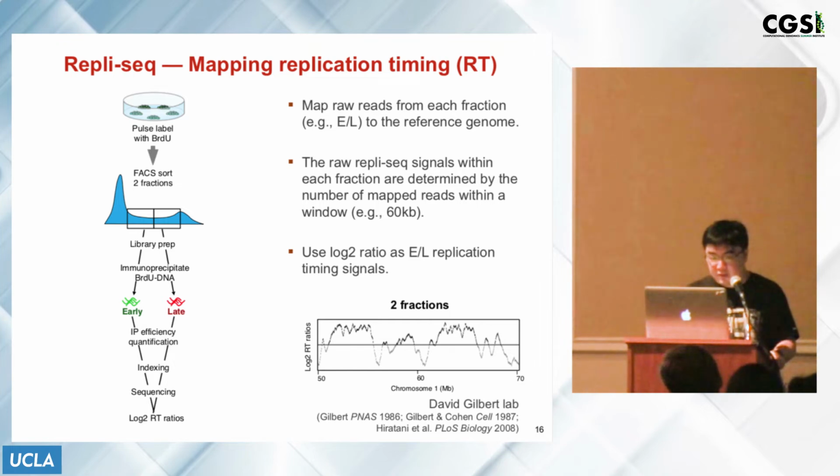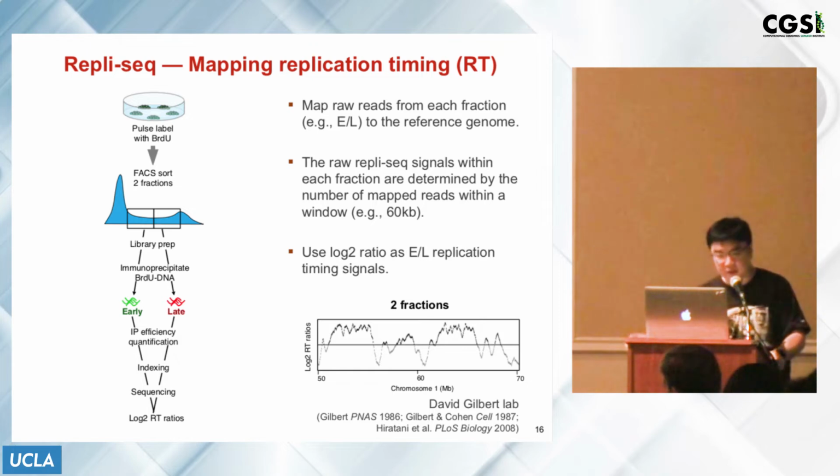These are called Repli-seq. So you can map the replication timing program in a genome-wide fashion. In this kind of protocol, the cells are asynchronously cycling, and they're pulse-labeled with BrdU.